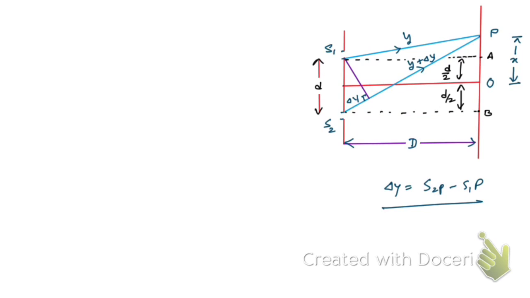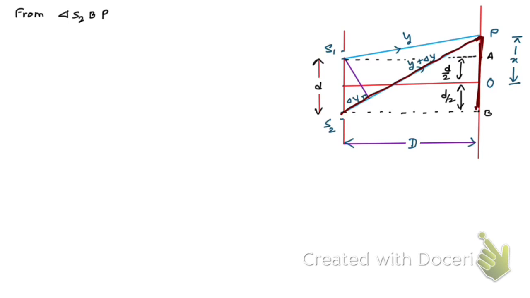From triangle S2BP, if you apply the Pythagoras theorem, here is the hypotenuse S2P, PB is the perpendicular and S2B is the base. Then S2P square must be equal to PB square plus S2B square.